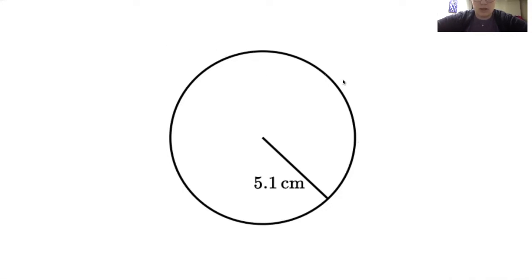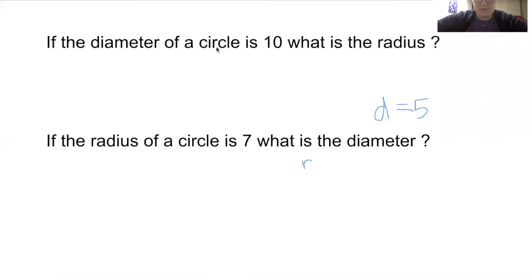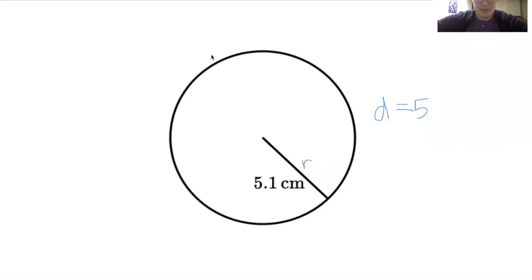So if the question was to find diameter, we'll take 5, because this is the radius, let me mark that. Diameter is going to equal 5.1 times 2.